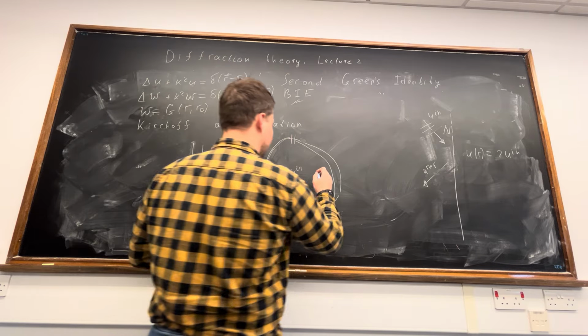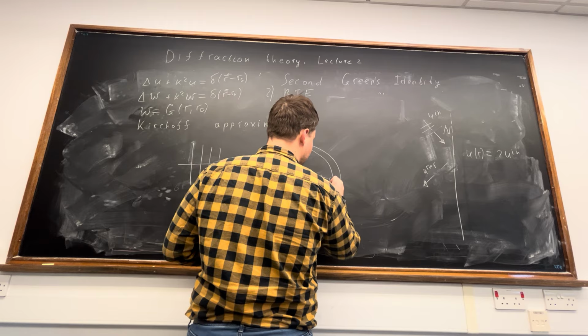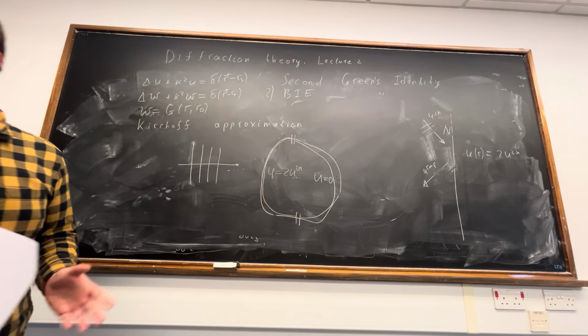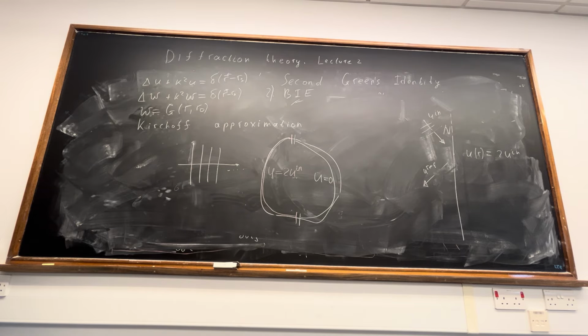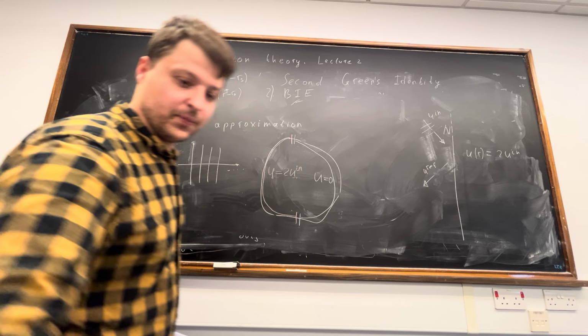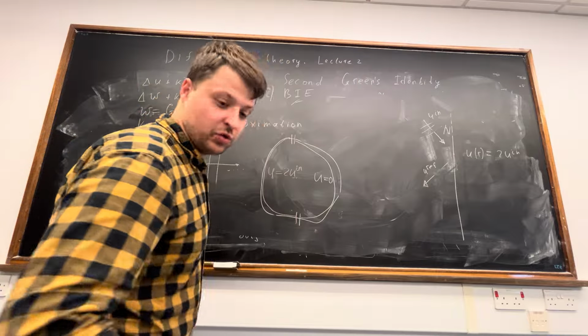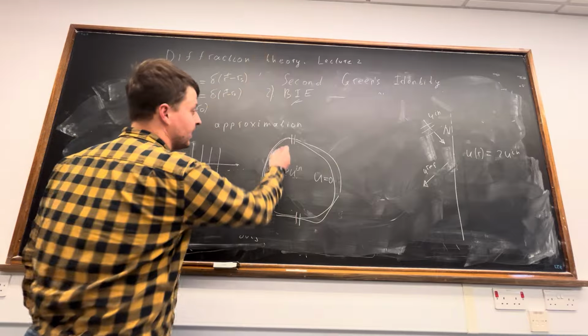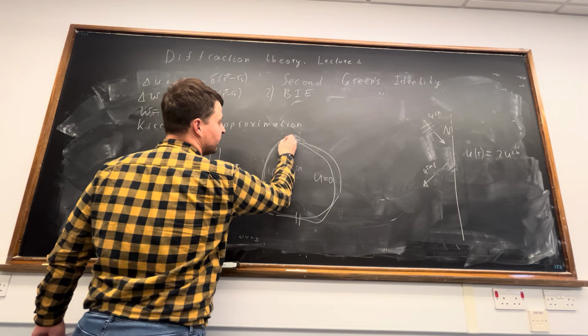And here I say probably the field is almost zero. Of course that's not always the case, but if we consider a high frequency case, that should not be far from the truth.